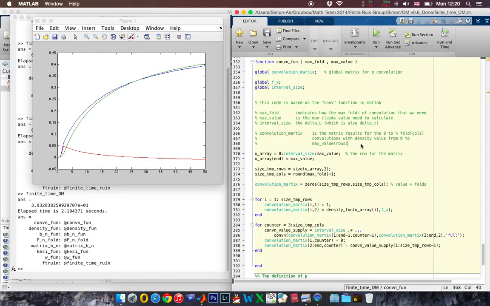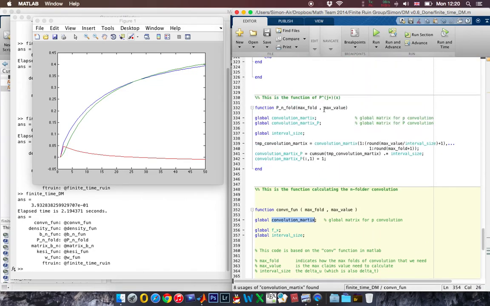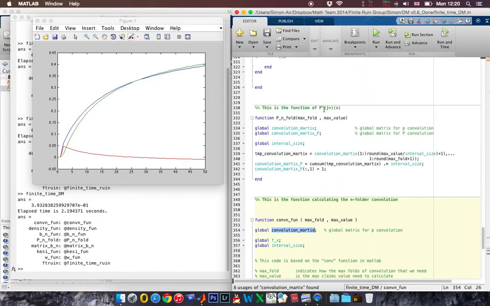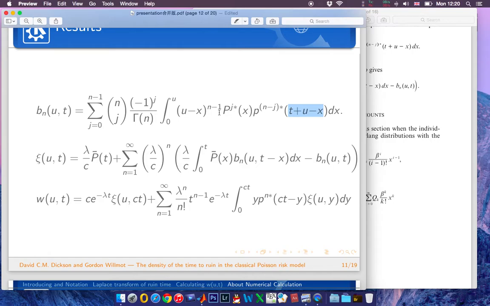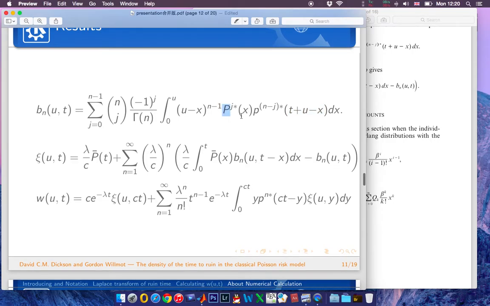So after finishing the calculation of the convolution matrix, the second thing we're going to do is to calculate the P n-fold, which is the capital P here. As we just explained, the capital P here is just the CDF of the little p with j-fold convolution.